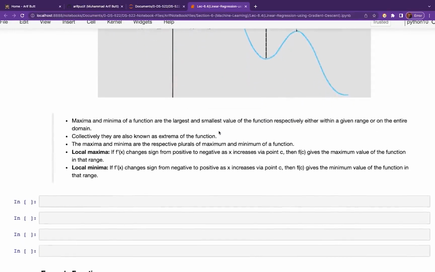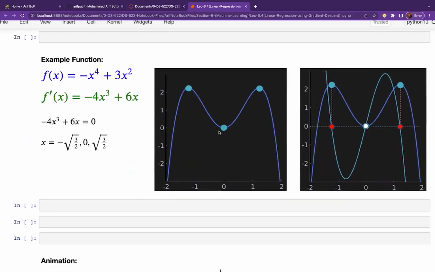Okay, fine. Now consider this fourth order polynomial of a single variable, f of x is equal to minus x to the 4 plus 3x square, shown in blue. Well, this left graph shows a blue curvy line that is visually representing this function. And there are these three extrema represented by three dots.